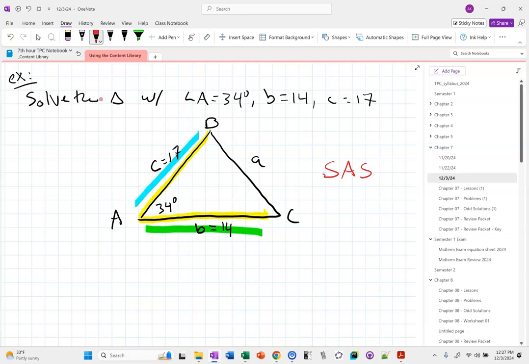Okay. In the side angle side situation, we want to find the missing side first. So in that case, it is side a. So I'm going to be using the law of cosines.